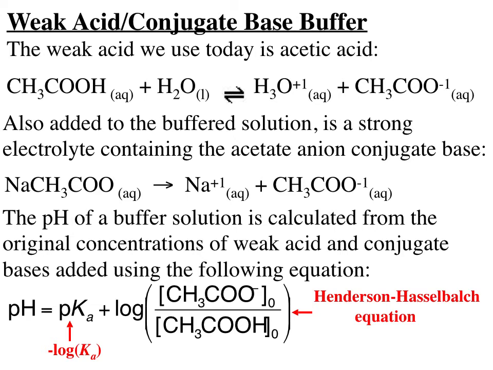Then I have my weak acid represented by CH3COOH, giving H plus and CH3COO minus. And then I have my sodium acetate ionizing to form Na plus and CH3COO minus in solution.